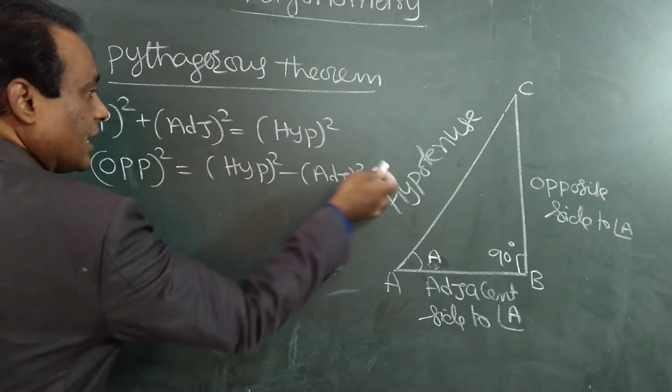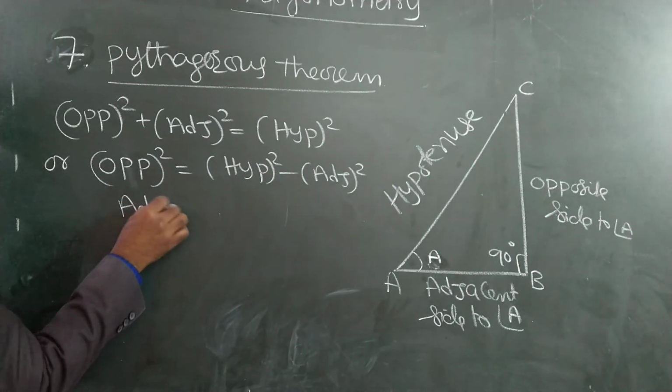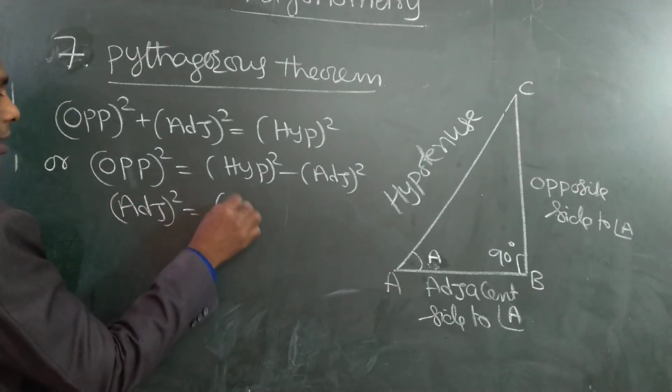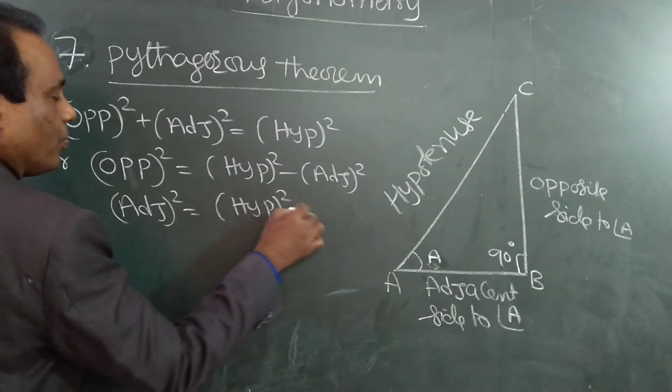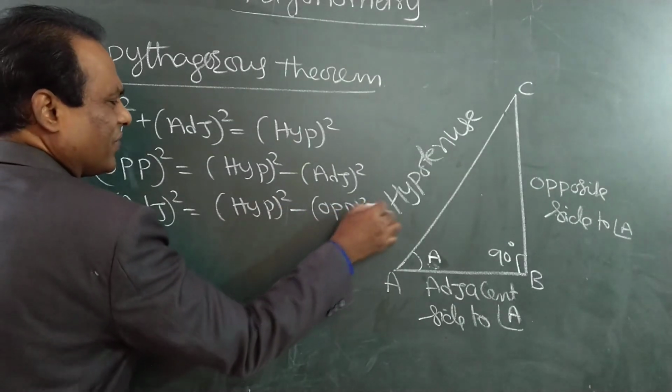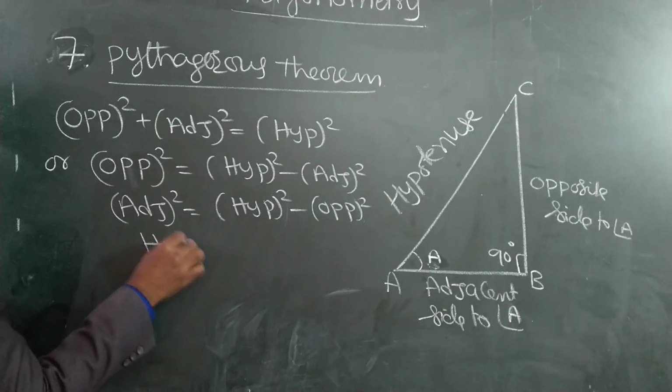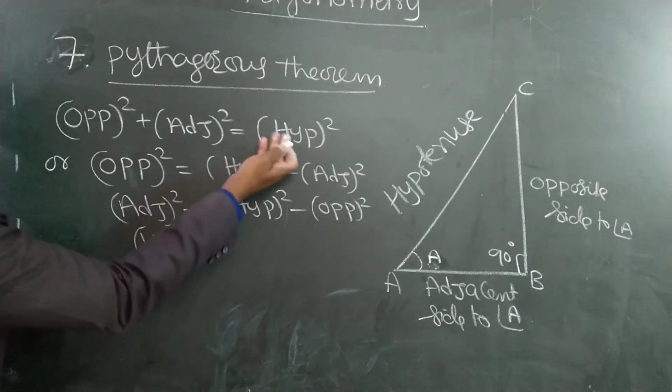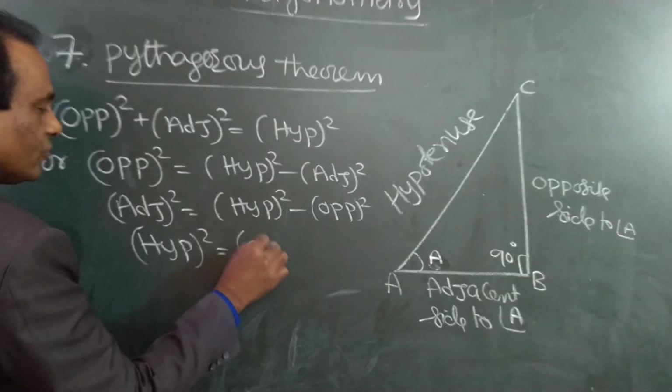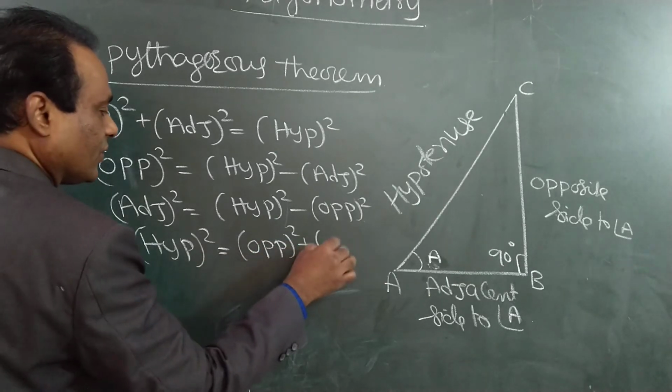This is taken to the right side. Or adjacent square is equal to hypotenuse square minus opposite square. Same thing I am writing in different ways. Or hypotenuse whole square is equal to opposite square plus adjacent square.